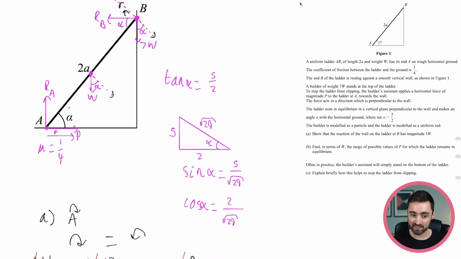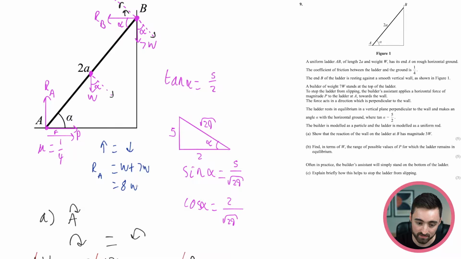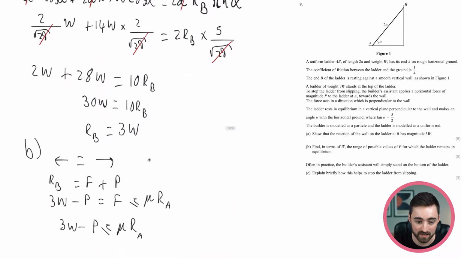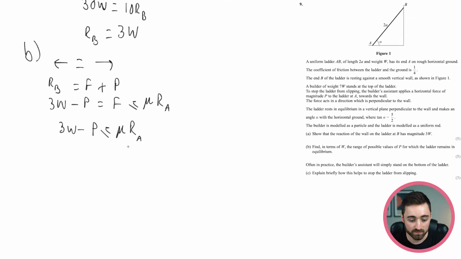But we can work that out relatively easily, because if I do up equals down on this, let's just do it quickly here in blue. So up equals down, everything taking it up is just RA. Everything taking it down is W plus 7W. So RA is going to be 8W. Okay, this is nice. Meaning that mu is equal to 1/4, I believe. RA is equal to 8W. So what does this tell me?